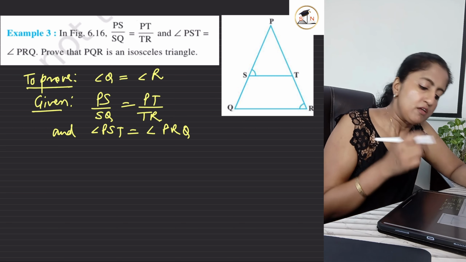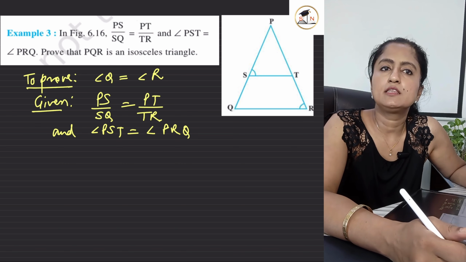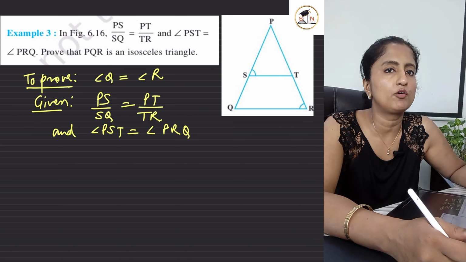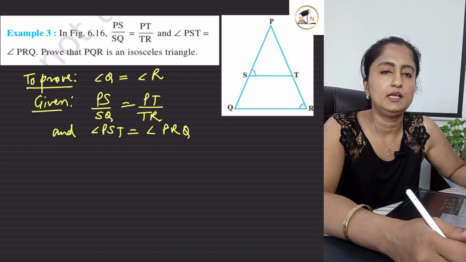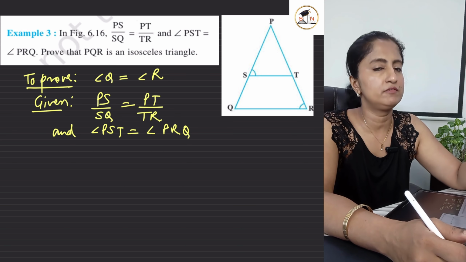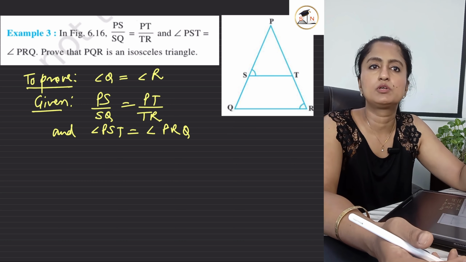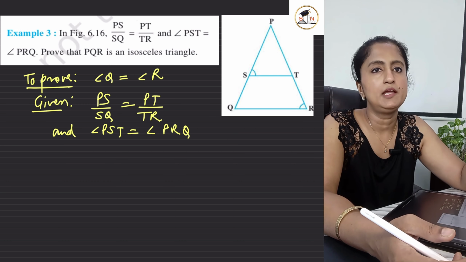So, when we are given the sides in a ratio, which theorem applies over here? It is a question belonging to the converse of BPT, because in the converse of BPT, the ratio is given first and from that we conclude that the sides are going to be parallel.